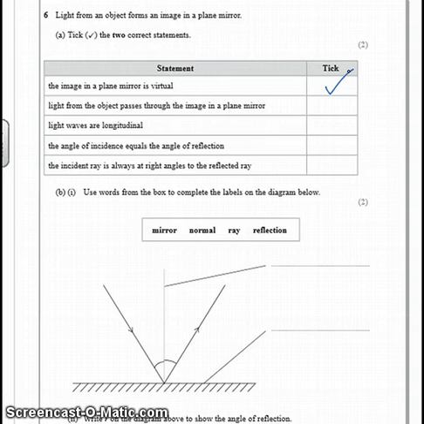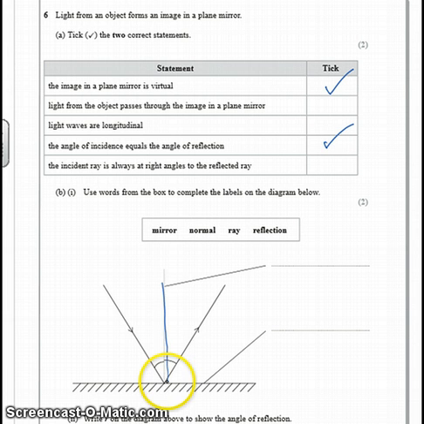When you see an object normally, the light rays that come into your eye come from that object, but when you see a virtual image in a mirror, the light rays don't come from the position that you think that image is in. And the next one that's true is the angle of incidence equals the angle of reflection, which is always true.